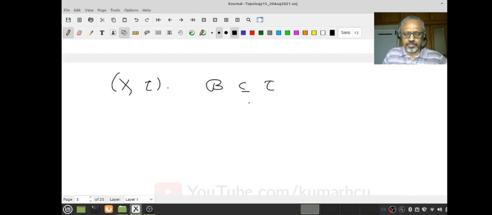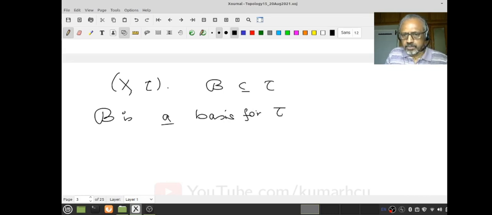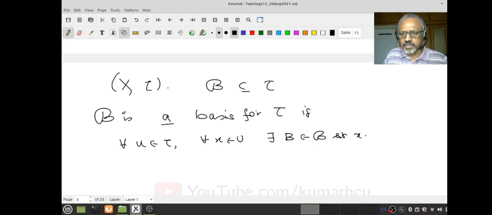Then I say B is a basis for the topology tau if for any open set U in tau and for any x in U, I can find a B in script B so that x belongs to B and B is contained in U. Do you see the similarity with how we defined the topology of open sets on a metric space? It's something like that.